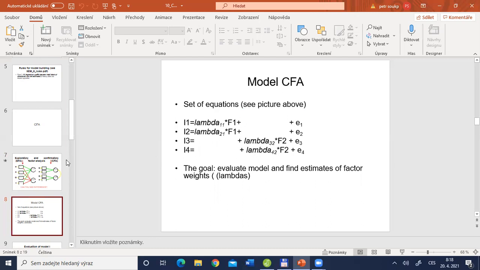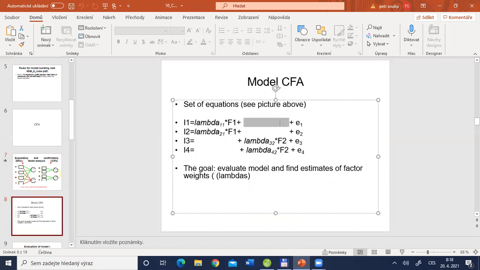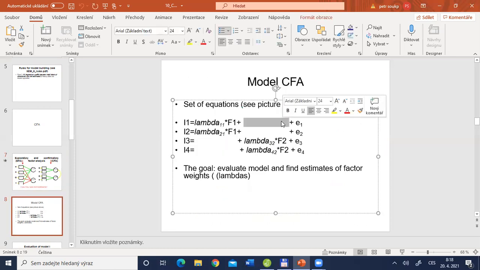If I switched from this confirmatory to this exploratory factor analysis for I1, I would also need to add the impact of the second factor. But for this confirmatory factor analysis, this cross-loading is missing. So here is the blank space for this missing part.